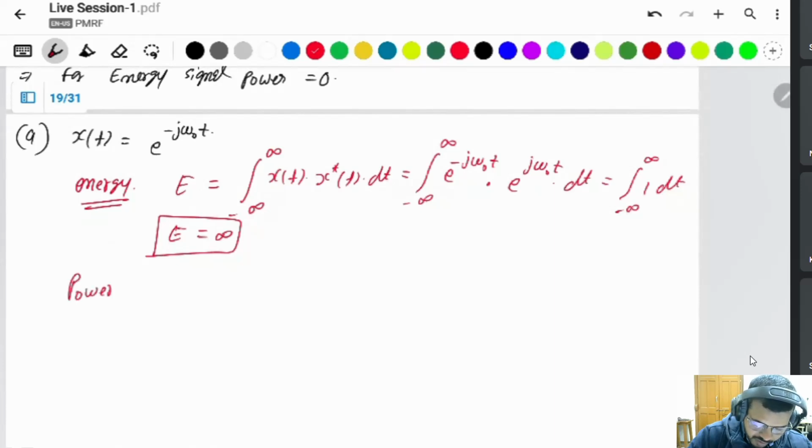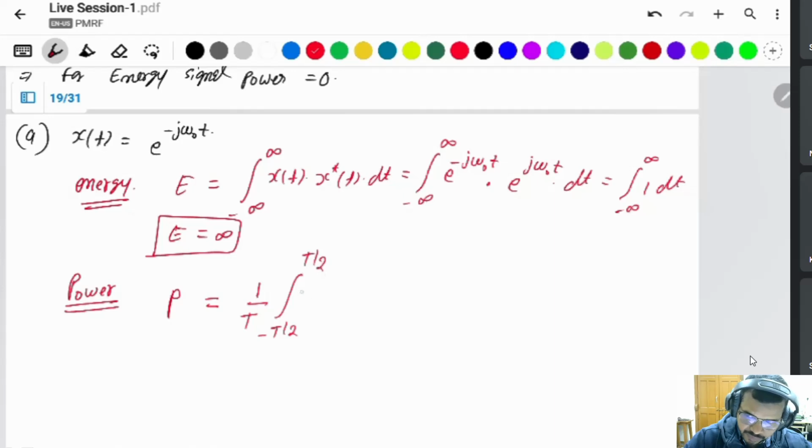Then what is the power? 1 by T integration from minus T by 2 to T by 2 of x(t) times its conjugate, with T tending to infinity.